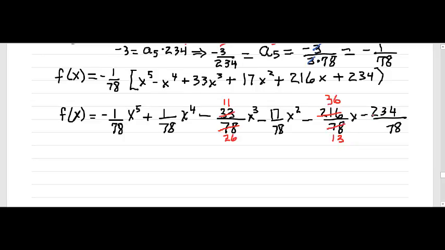So 6 goes into 216 36 times. 6 goes into 78 13 times. And then 78 actually divides evenly into 234. So 78 goes into 78 once. 78 goes into 234 3 times.